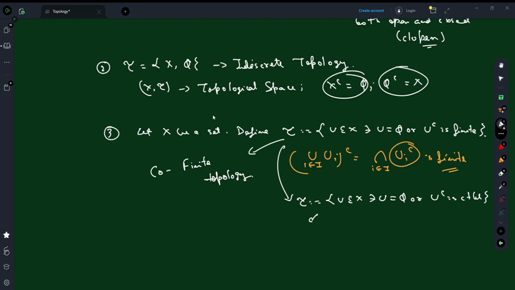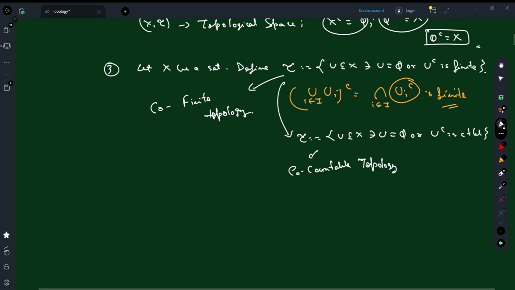In this case, it's called the co-countable topology. In both these definitions, we obviously assume that phi complement is the whole of X. Clear?